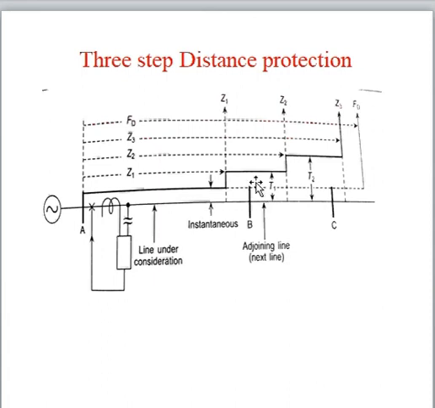If the fault is outside that zone, it will wait for some time, up to this much time, and if the fault is further, it will wait up to this much time. T1, T2 you can observe. Within the first zone, it takes very little time.